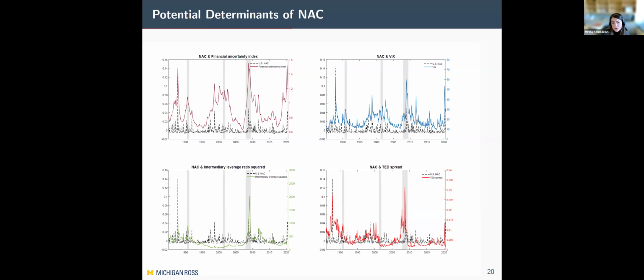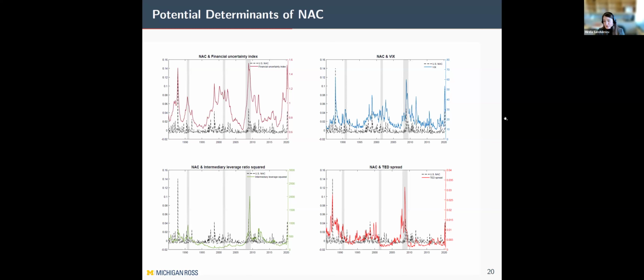And in fact, if you were to compute the correlation between NAC and the intermediary capital risk factor, this would be 0, whereas our linear component of the SDF is going to correlate very highly with the intermediary capital risk factor. And the last measure that we are going to focus on is going to be the TED spread, which is another measure of funding liquidity constraints that is typically used.